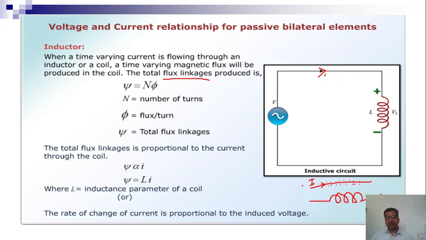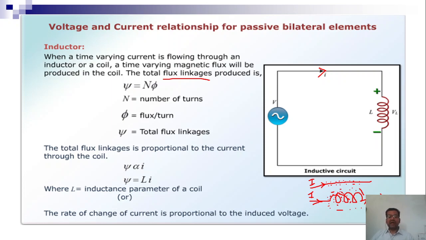In a similar way, when you pass a current, there is a field around this conductor. What is a basic inductor? It is nothing but a conductor which is wound, and all this magnetic field is concentrated at one place, so that much energy can be stored.